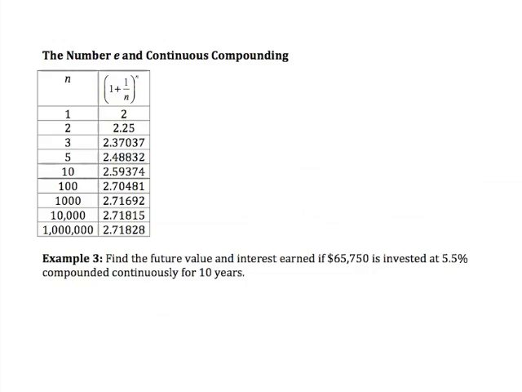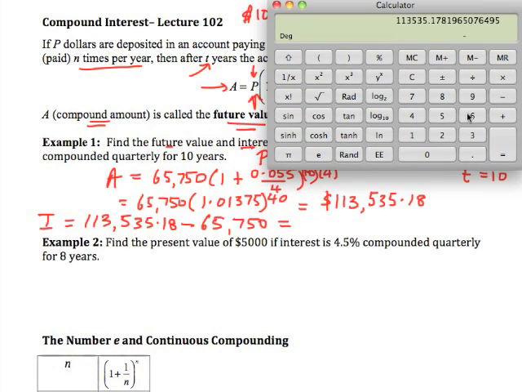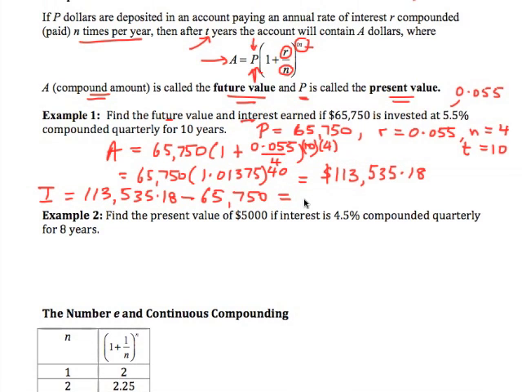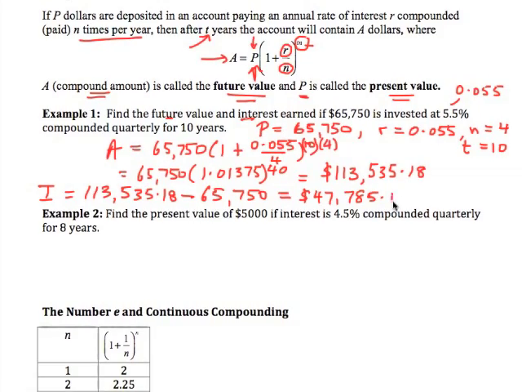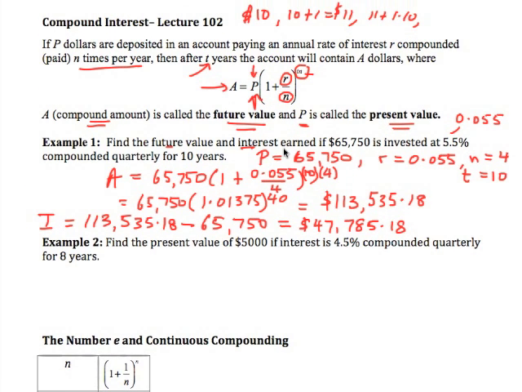All right, and so we get our calculator here again, and we're going to subtract off 65,750, and we're going to get 47,785.18. That is going to be the interest. All right, so that's how we do a future value problem.